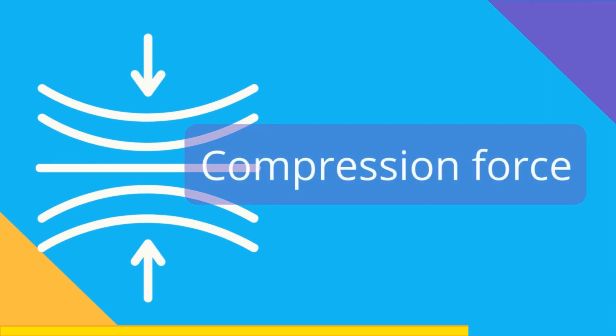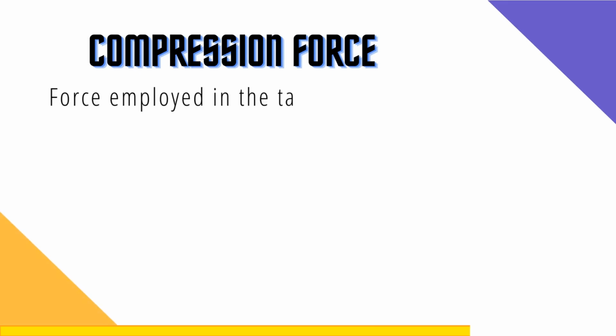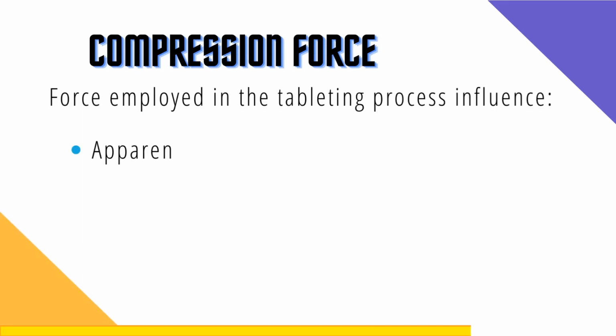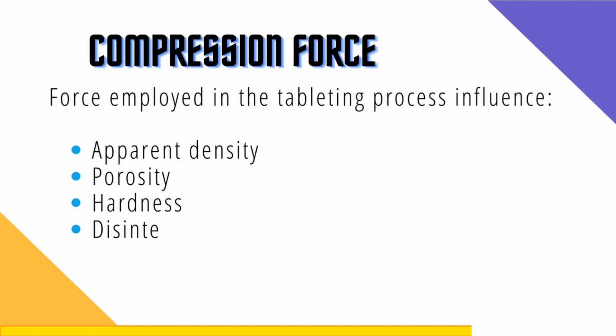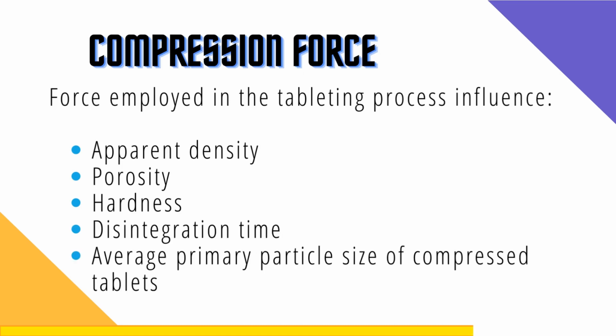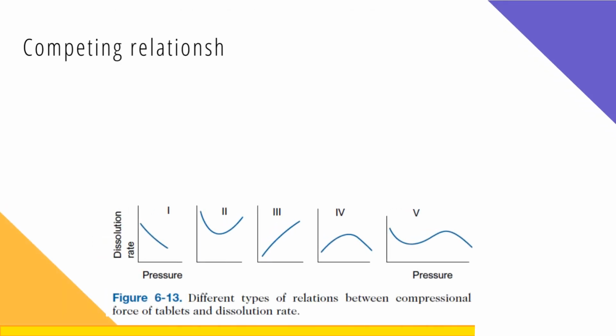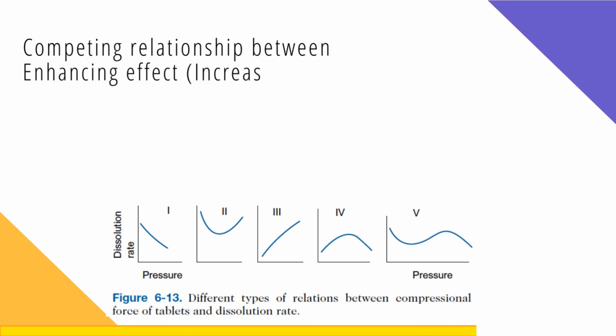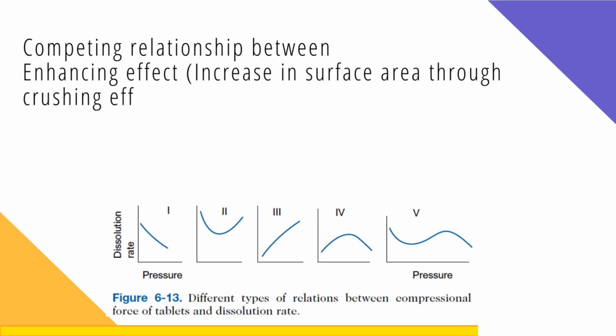The second factor in the manufacturing process is the compression force. Force applied can influence the apparent density, porosity, hardness, disintegration time, and also the average primary particle size of the compressed tablets. So it's actually a competing relationship between the enhancing effect, whereby you increase the surface area through the crushing effect, and the inhibition effect, whereby you increase the particle bonding that increases its density and hardness.